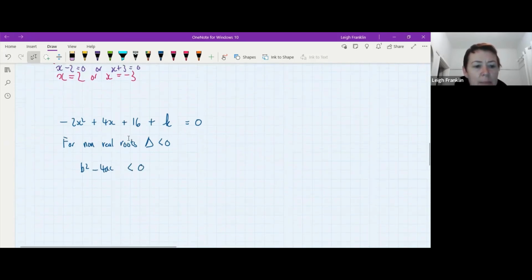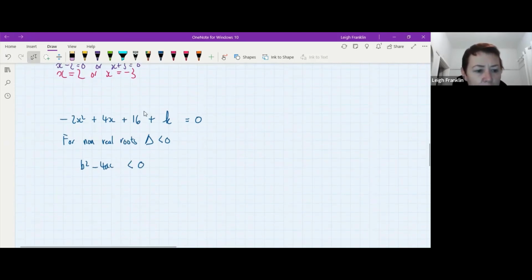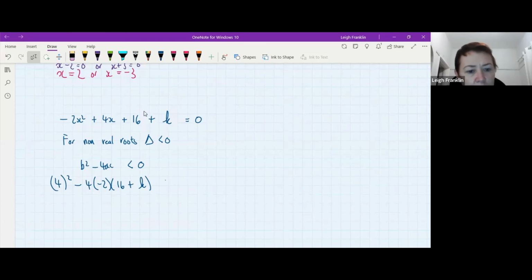When we sub in, b squared is 4 squared. Remember, b is the coefficient of the x term. Minus 4 times a, which is negative 2, and c in this case is everything else, so that's 16 plus k, smaller than 0.